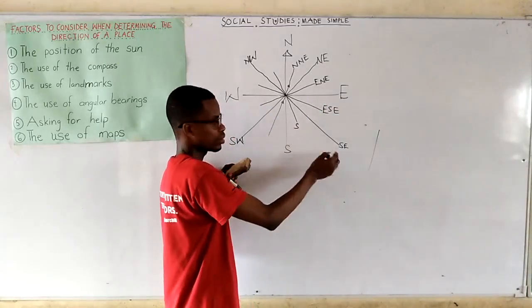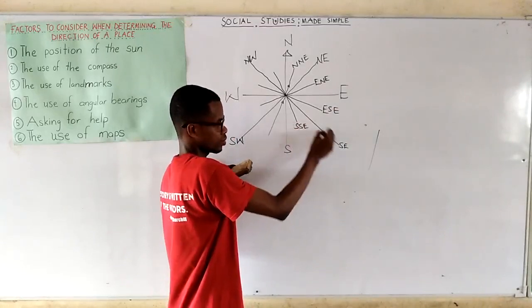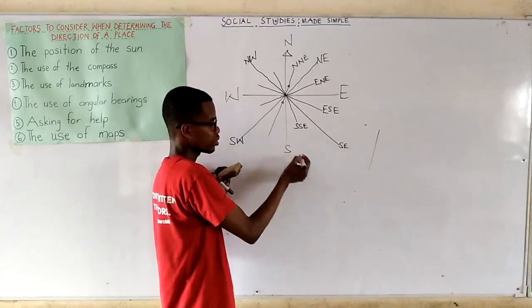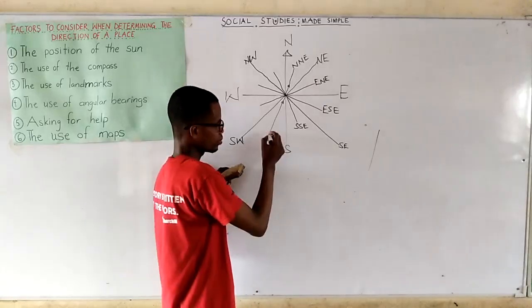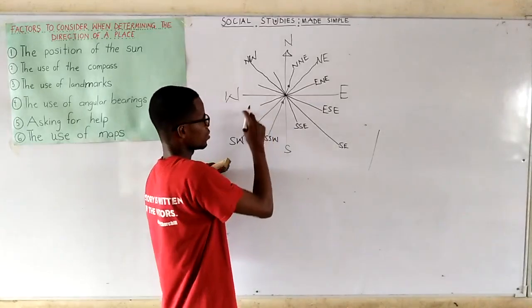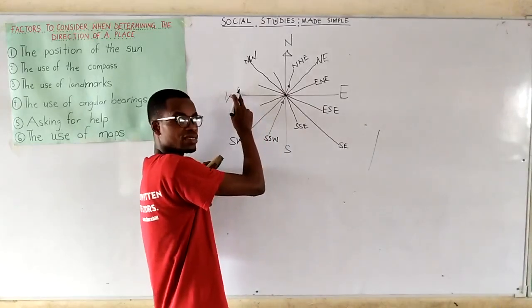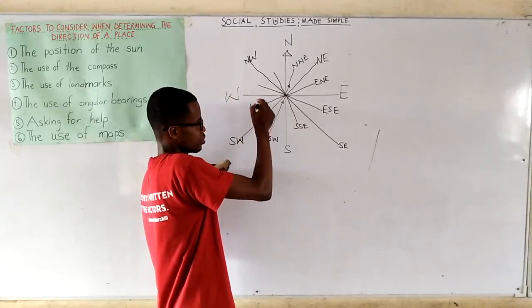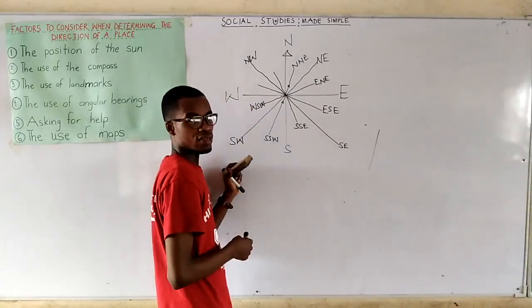Your main south, southeast. Here, in between, your main south, southwest. You come to this one. Main west is here, more cardinal than this, becoming west-southwest.